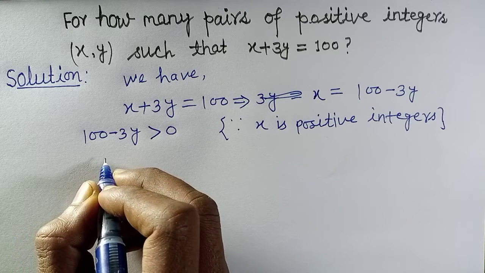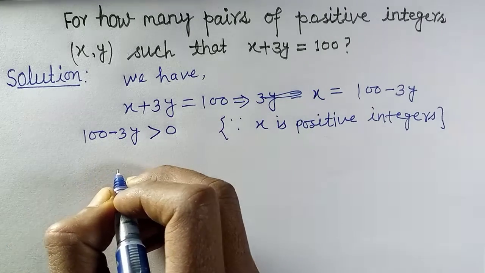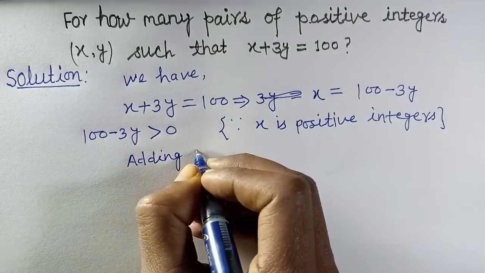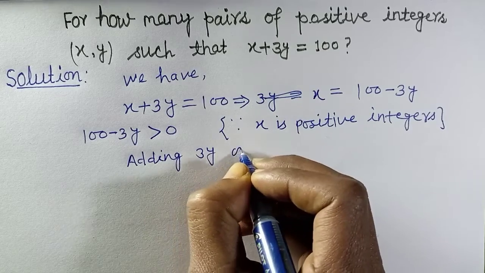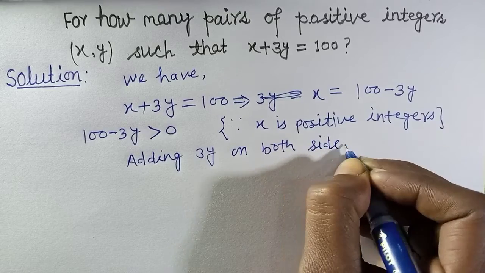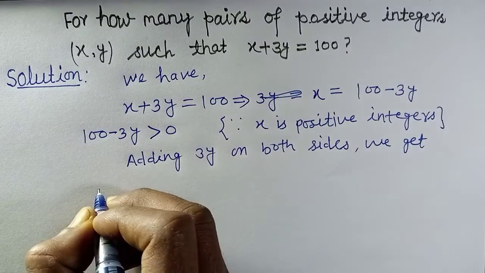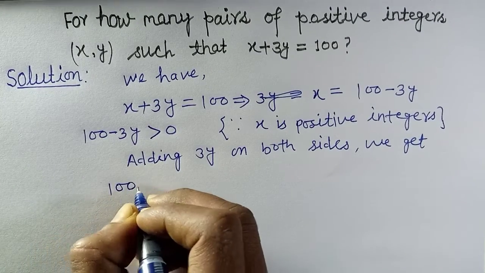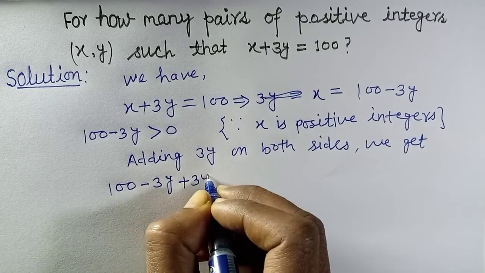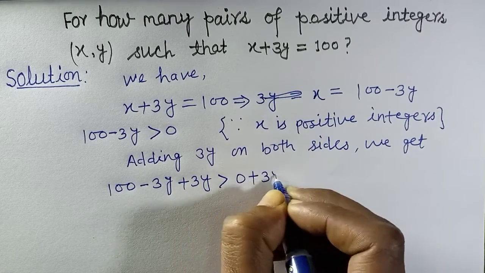We add 3y on both sides. So adding 3y on both sides, we get 100 minus 3y plus 3y is greater than 0 plus 3y.